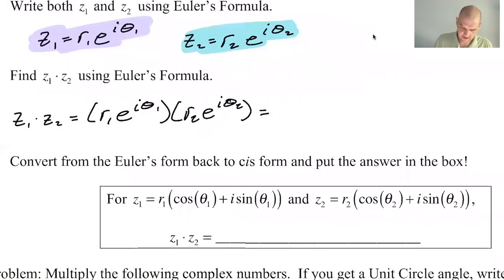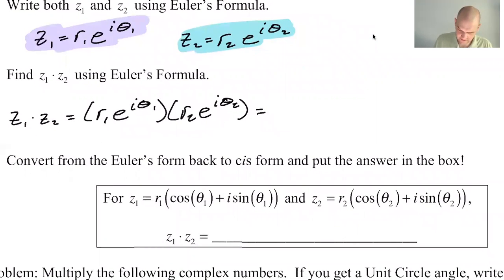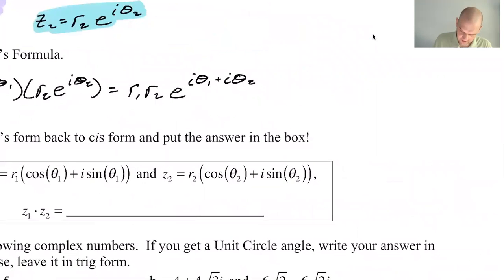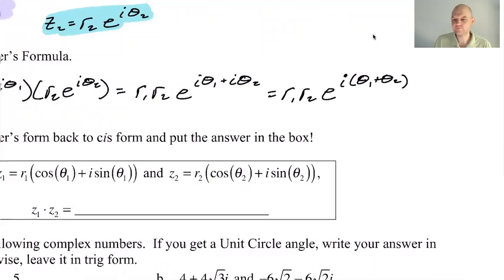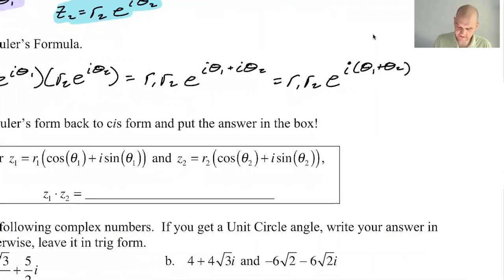What I can do is r1 times r2, and then I have e to the i theta 1 times e to the i theta 2, but properties of exponents say that should be e to the i theta 1 plus i theta 2. I can rewrite that as r1 r2 e to the, I'm going to take i out, i times theta 1 plus theta 2.